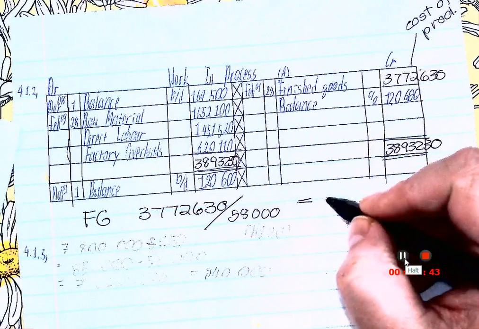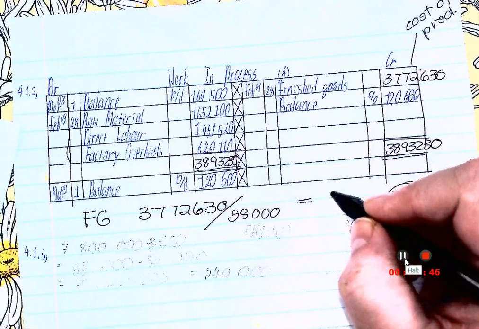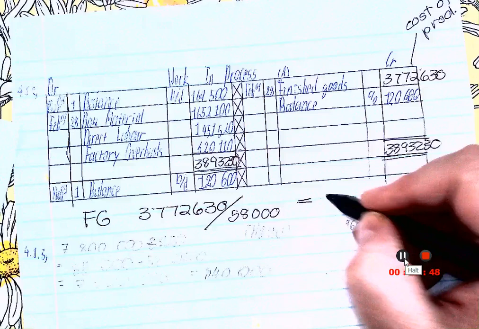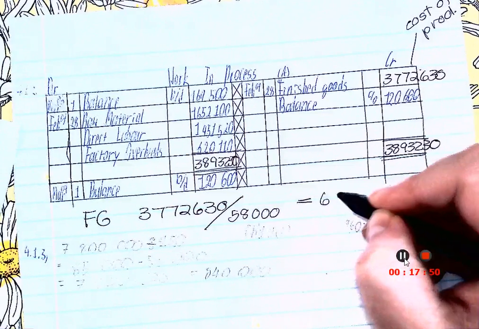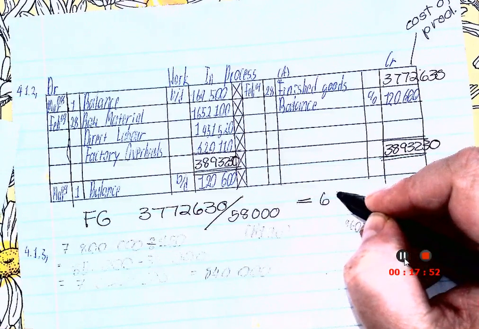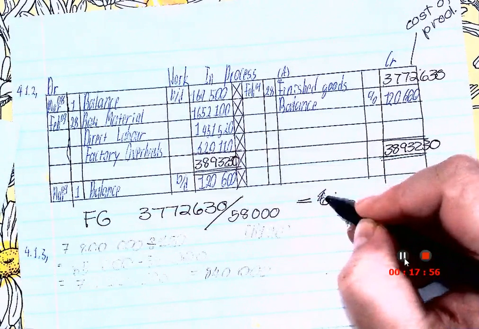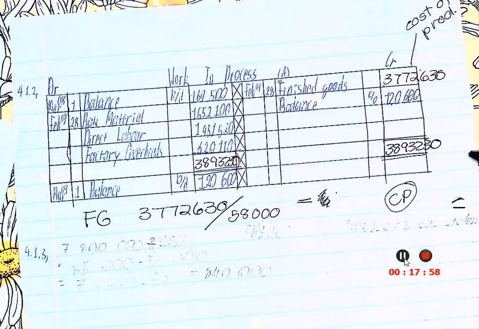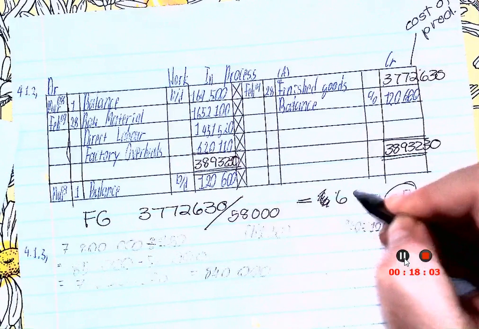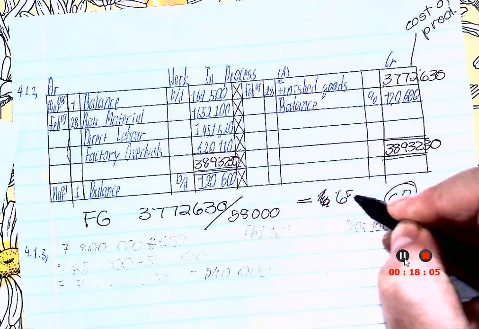I can't hear. 650. 650 or just 50? Okay, that doesn't make sense. 65, just 65.